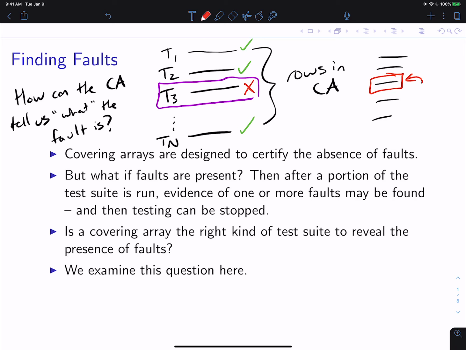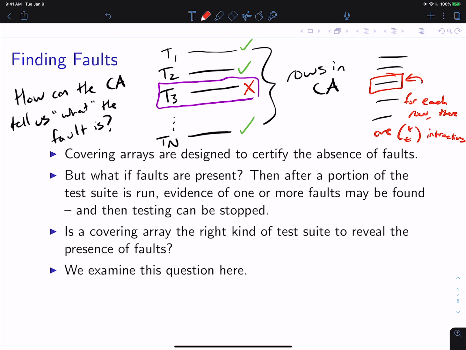You could do that, but this is quite computationally intensive because remember, for each row, there are k choose t possible interactions that could appear in this row.